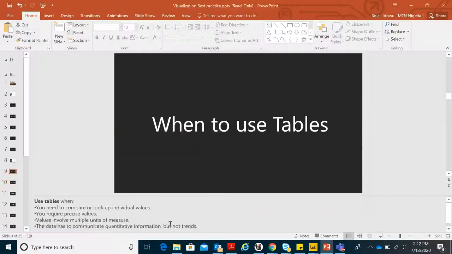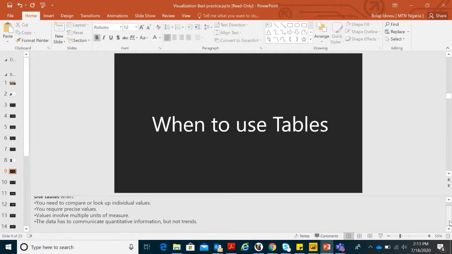Let me show you something. If you need to compare values or look up individual values, if you require precise values, or you want your values to involve multiple units of measure, you want your data to communicate quantitative information. Now, by quantitative information here, we're looking at how much of this is in this, not trends. By trend, you are saying how often does this change?